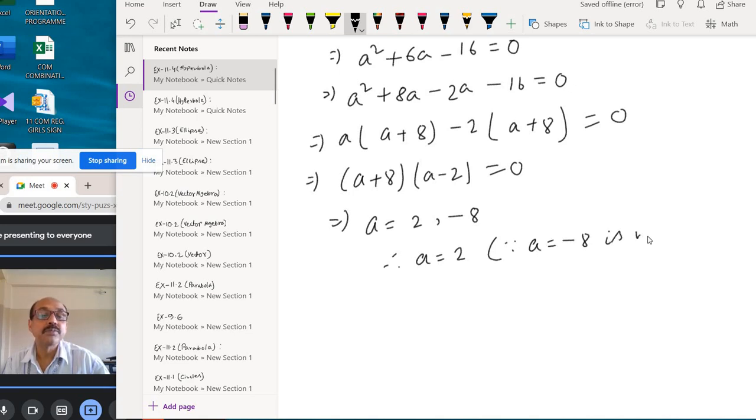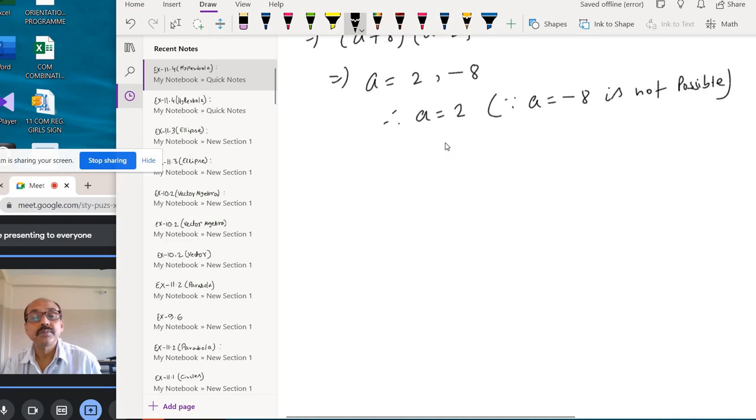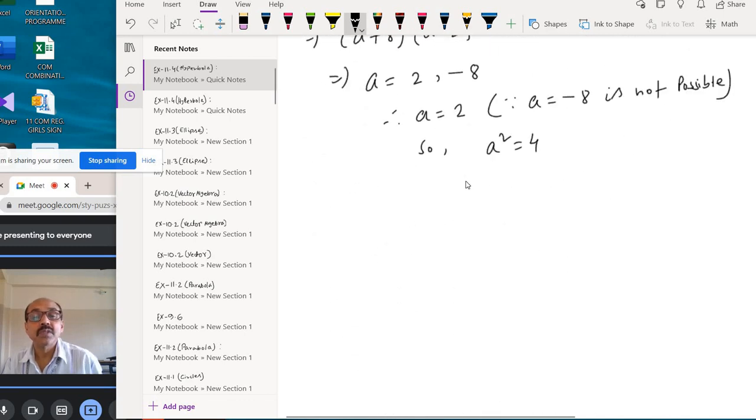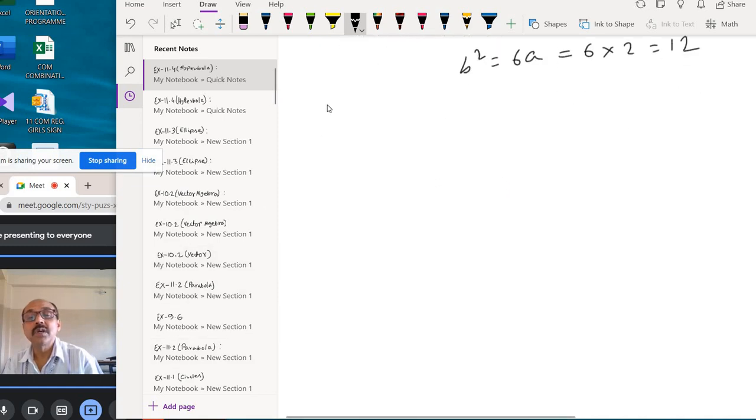Therefore a equal to 2, so a square equal to 4, and b square is 6a, that is 6 into 2 equal to 12.